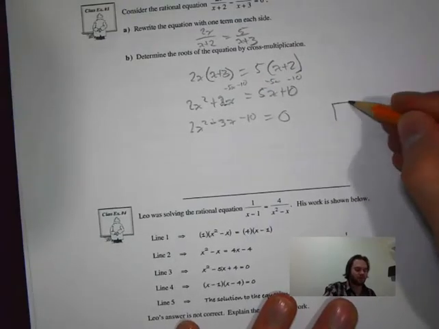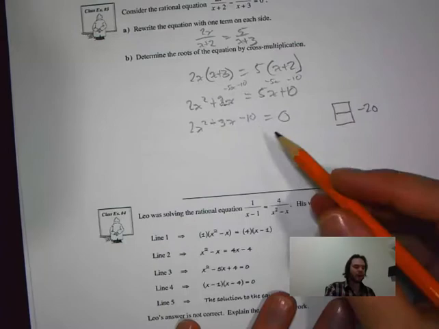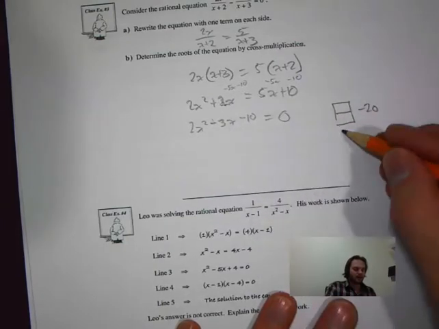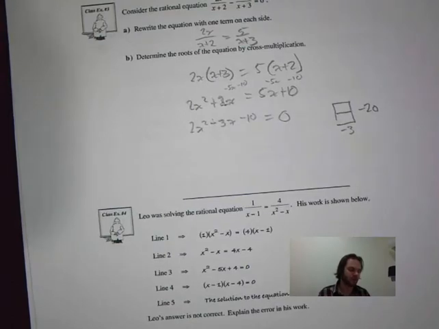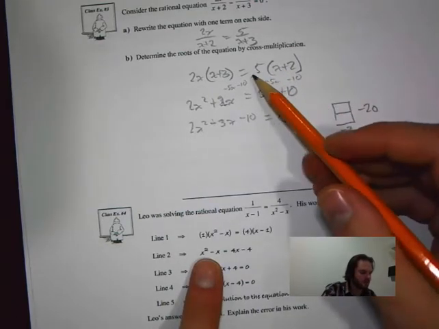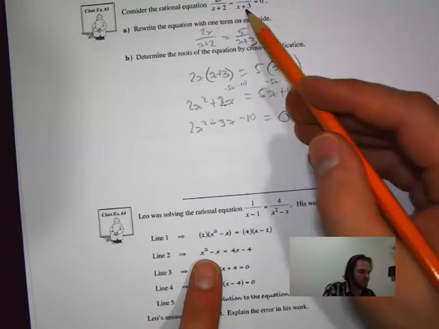So I'm going to use the box method, negative 20, and we have negative 3 on the bottom. So a difference of 3 that gives us 20. We know 4 and 5. Just wait, did I make a mistake here?